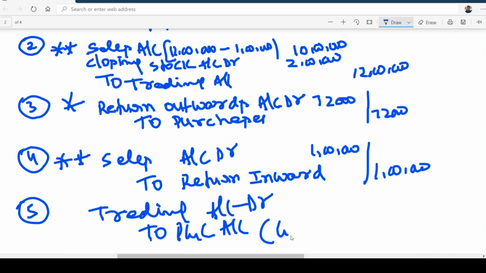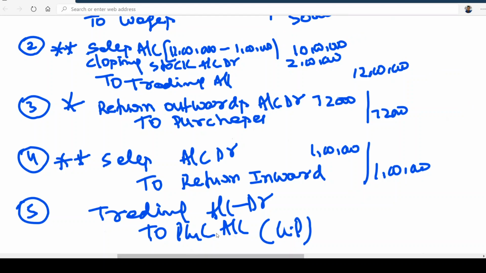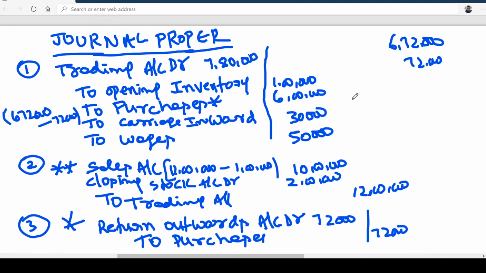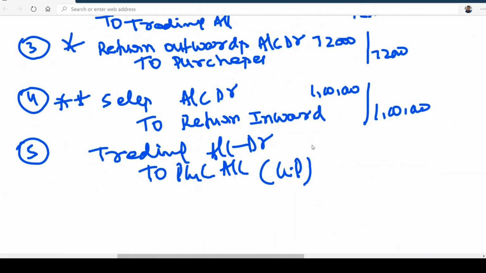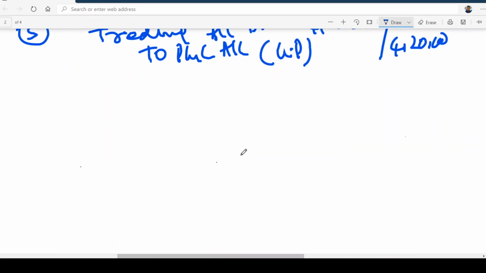The trading account credit side is 12 lakhs minus the debit side 7 lakhs 80,000. It means you are getting a gross profit of 4 lakhs 20,000. So the entry will be trading account debit to profit and loss account 4 lakhs 20,000. Very rarely will they ask you the entries. I think you will understand this when I take out the problem here.